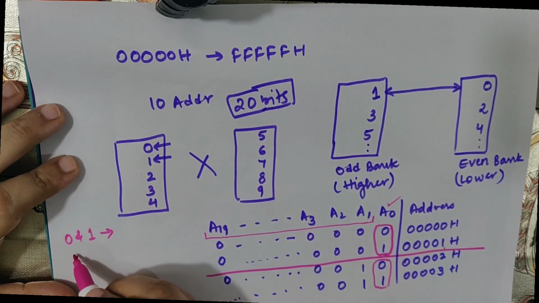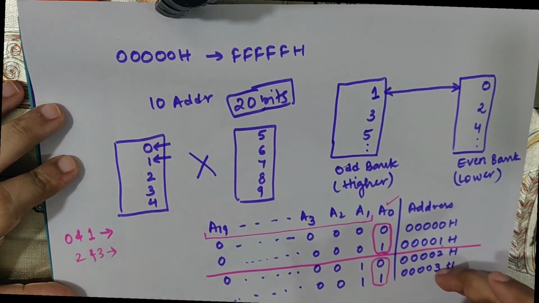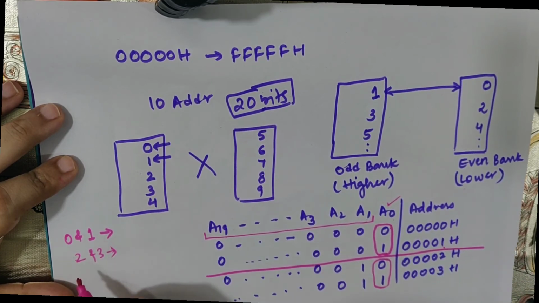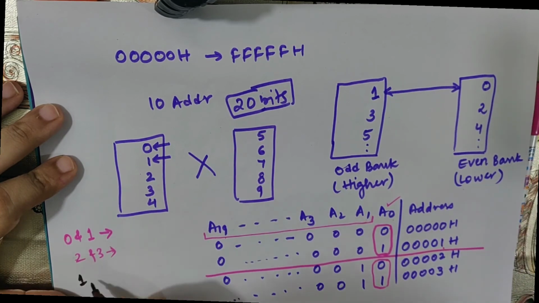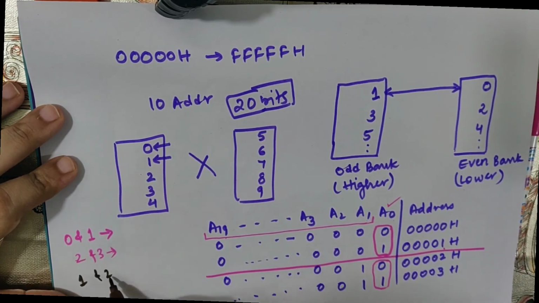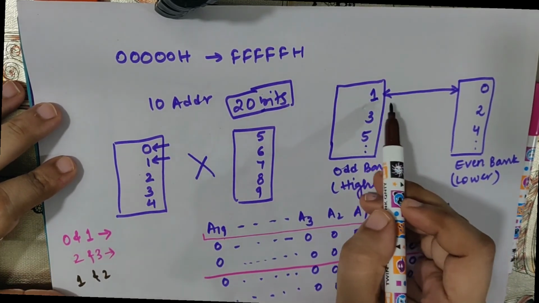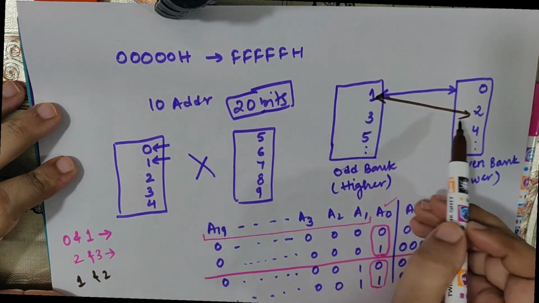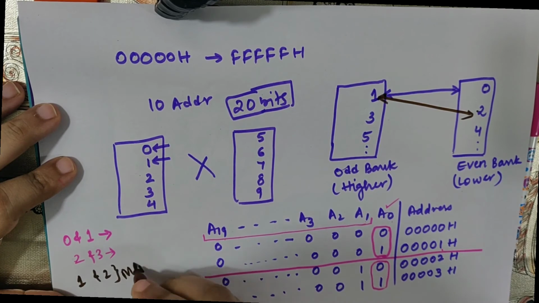Now if I see addresses 2 and 3, they also are consecutive addresses, and I can access them together. But addresses 1 and 2 are also consecutive addresses, yet I cannot access them together because addresses 1 and 2 are not at the same level in both the chips. So this type of data is called misaligned data.